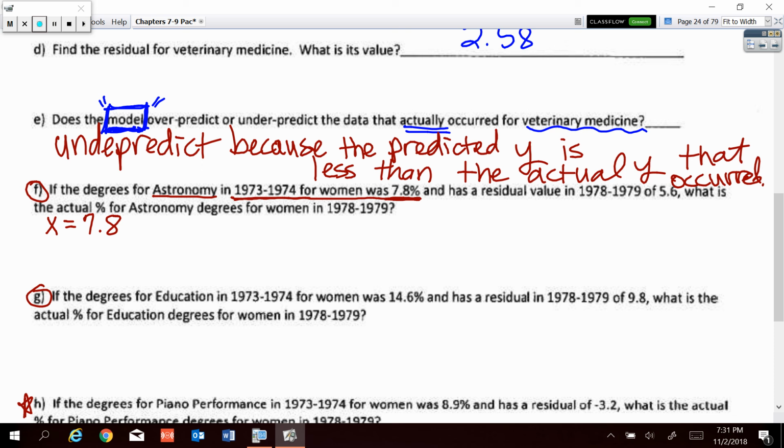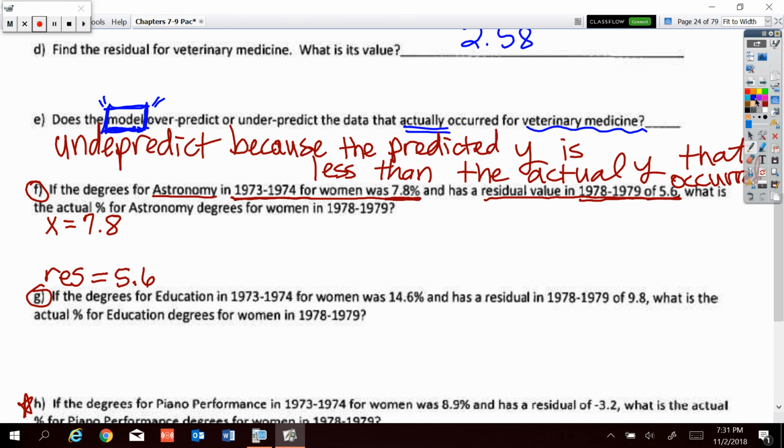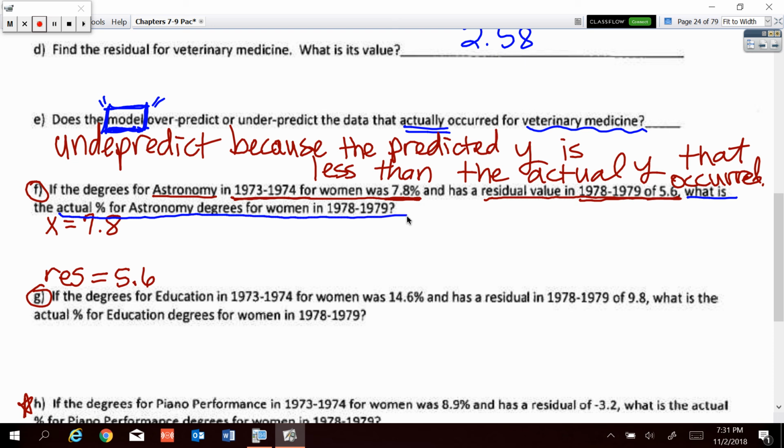We are now told it has a residual value in 78-79 of 5.6. So I'm going to put residual equals 5.6. Again, residual, R-E-S, not just R. So the question: what is the actual percent astronomy in 78-79? That's the actual y, and that's what the question wants.